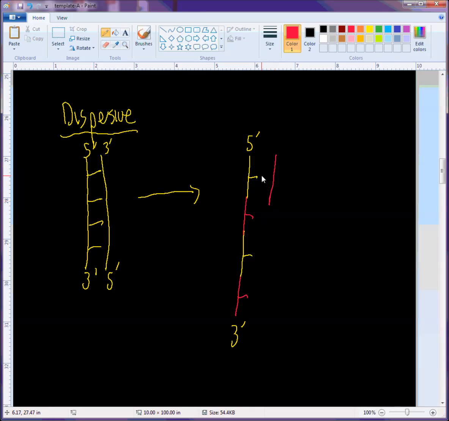And over here we might have something like this. So it'd still be anti-parallel, right? And the bases would still be complementary. But okay, so here is a dispersively replicated molecule of DNA. And then we would just do the opposite over here.